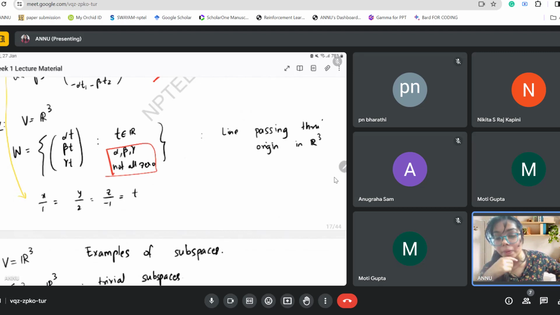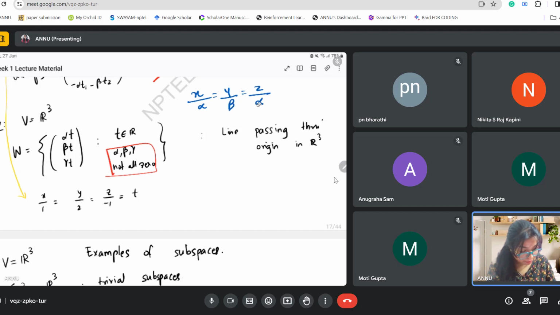What is the reason for this? Why are we considering only non-zero? The reason is, I'm telling you, the plane equation is x by alpha is equal to y by beta is equal to z by gamma.